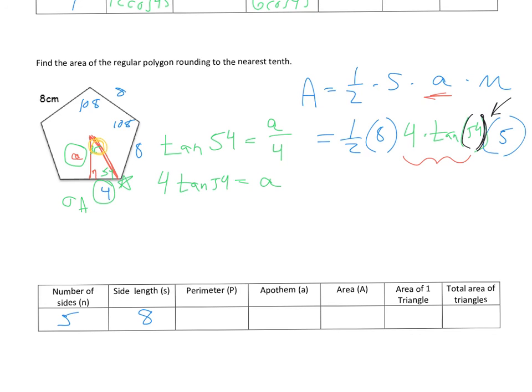So make sure when you put this in your calculator that you close the parenthesis behind the tangent of 54, or you could just multiply the beginning of this by 5, because you multiply in any order. So 0.5 times 8 times 4 times 5 times the tangent of 54, and we work all that out.